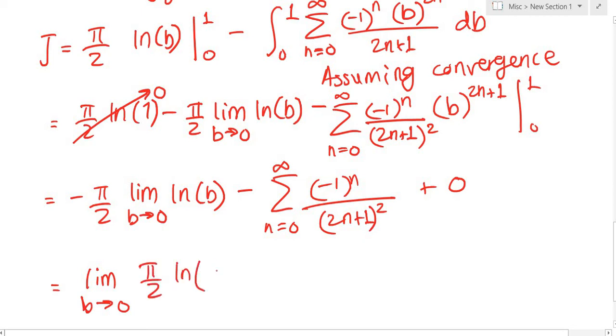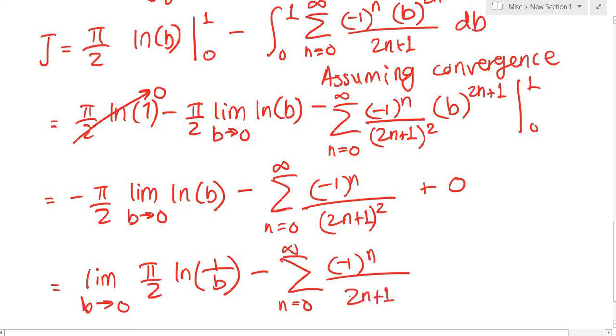So instead of b, we can have 1 over b if we have a negative outside, and you suck in the negative. And then this series is as it is, n equals 0 to infinity of negative 1 to the n divided by 2n plus 1, the whole thing squared.